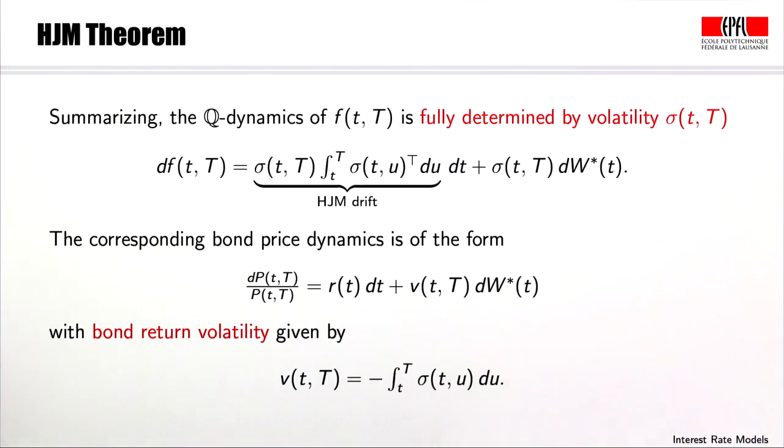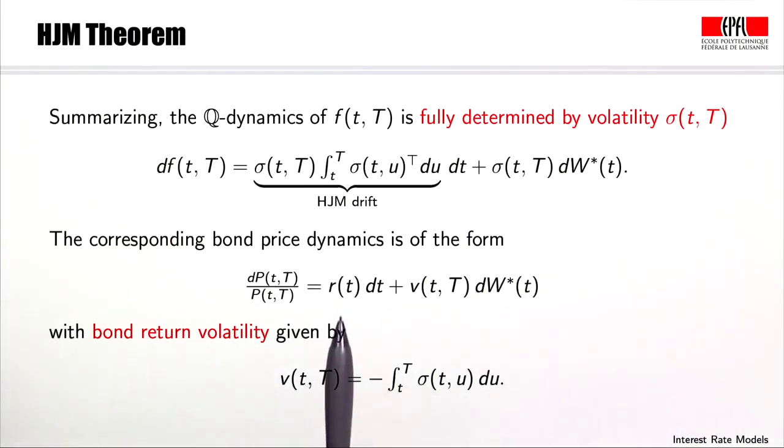Summarizing, we arrive at this HJM theorem. The Q dynamics of the forward rates is fully determined by the forward rate volatility sigma because the drift that we label alpha is given in terms of sigma as shown here. The corresponding risk-neutral bond price return dynamics is of this form.